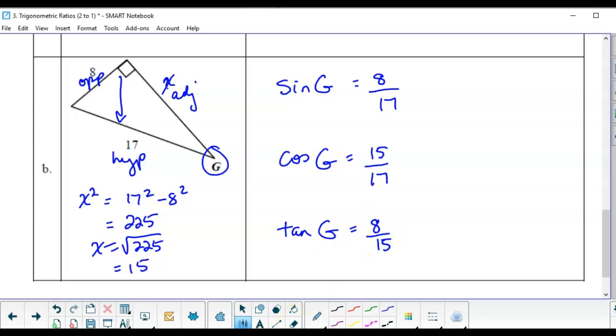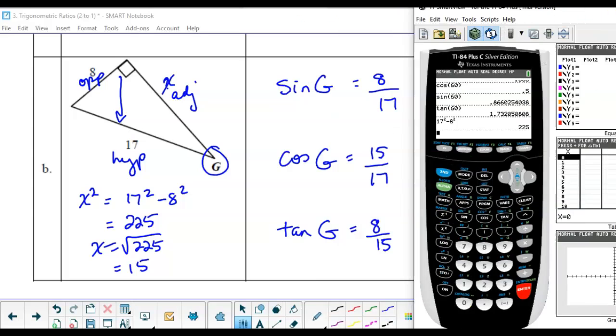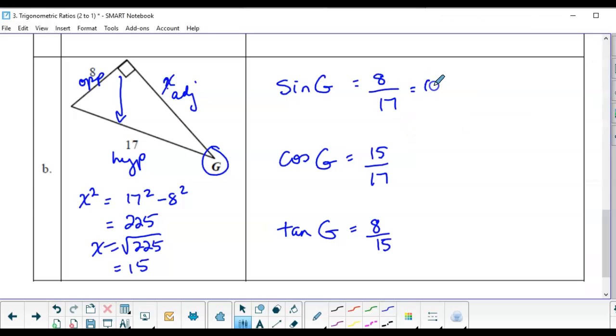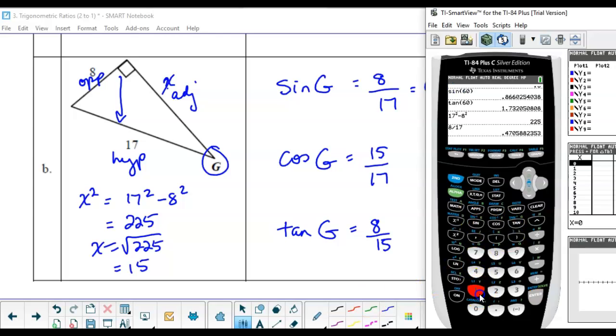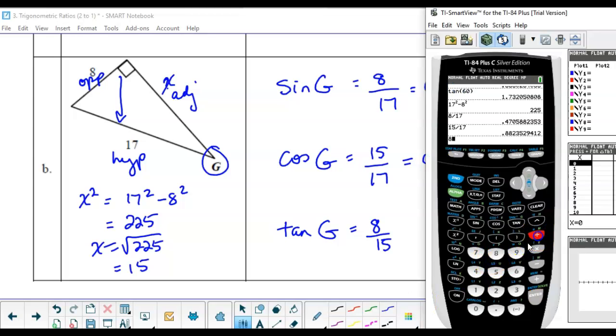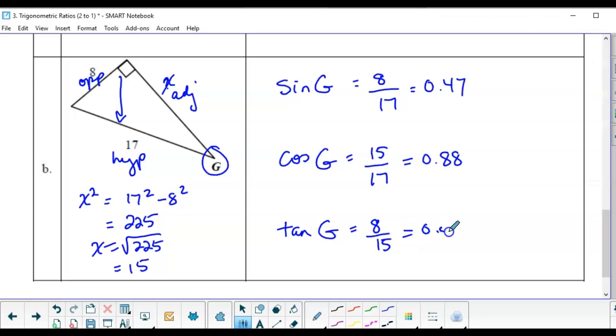Now, decimal-wise, what are these? 8 divided by 17 is 0.47 to the nearest hundredth. 15 divided by 17 is 0.88. And 8 divided by 15 is 0.53. Okay?